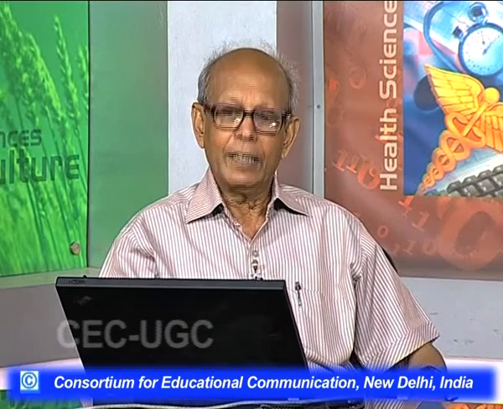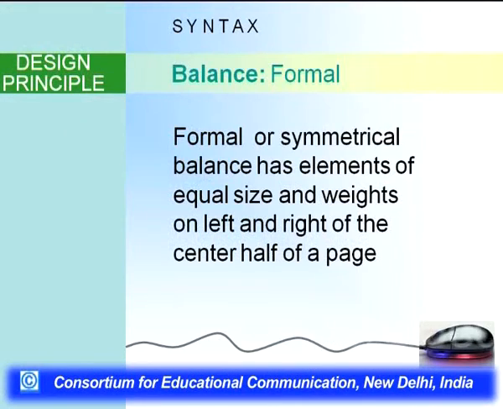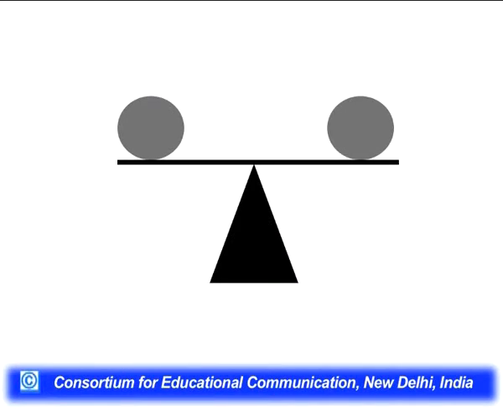So the equilibrium or the balance can be of two types. One is a formal balance, another is an informal balance. Formal balance is also called symmetrical balance. It has elements of equal size and weight on the left and right of the center of the page, just like this. If you divide the space in two and both sides have elements of equal weight, they will counterbalance each other.